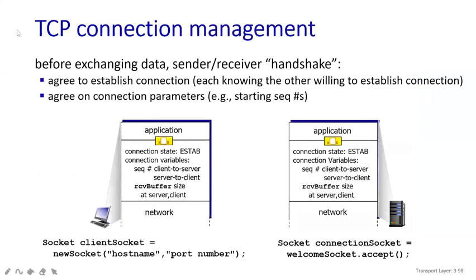Now you can see what is the meaning of TCP connection management. So how is it going to work? Before exchanging the data, the sender and the receiver have to establish the connection, that I have told you in the very beginning of the class. So how are they going to establish the connection?